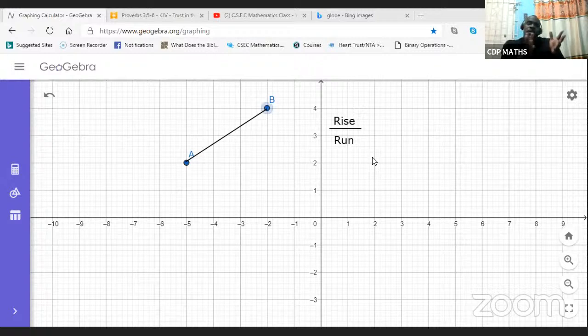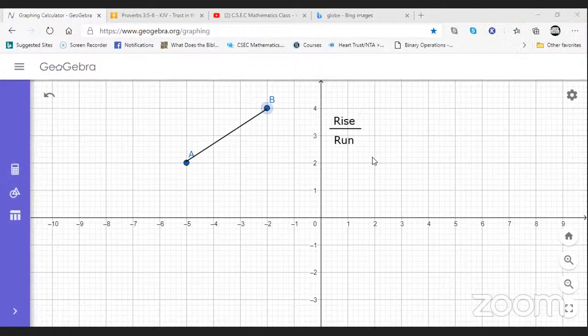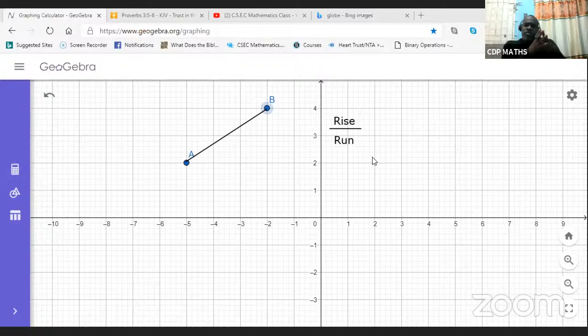Now, my question is, which direction is rise? What do we mean by that? Are we going horizontal or are we going vertical?